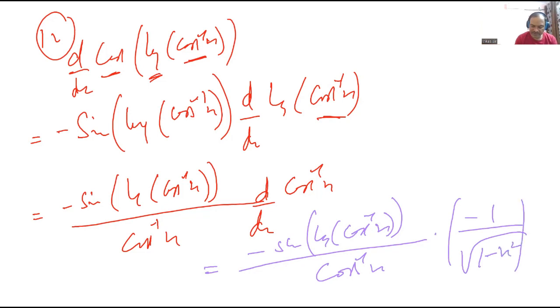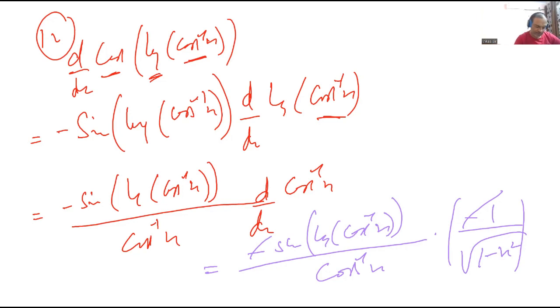This minus and minus will cancel each other, and you will have the remaining thing as your required answer. The answer for this question is sine log cos inverse x over arc cos x times under root 1 minus x squared.